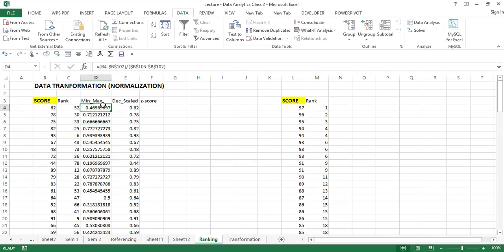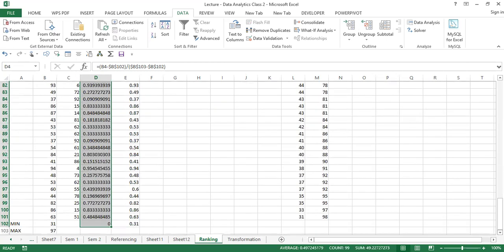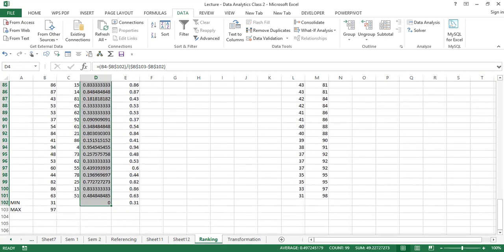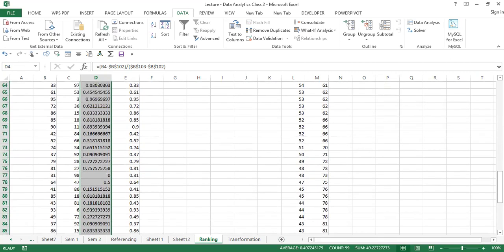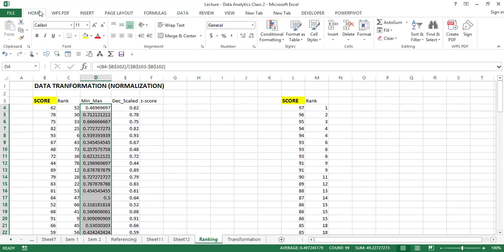Min-max transformation reduces the number to between what and what? Between what figure and what figure? 0 and 1. Yes, between 0 and 1. That's what your min-max transformation does. What about decimally scaled scores?